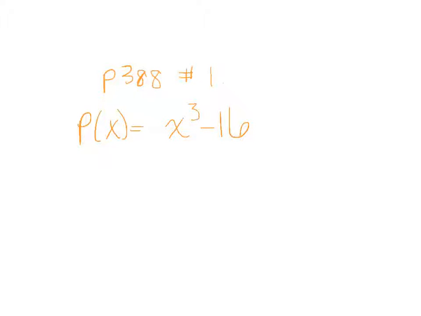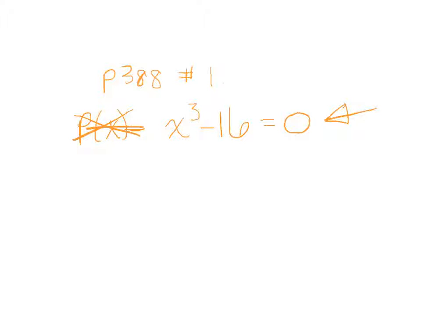Okay, page 388, number 1, they're asked to draw the graph, approximating about where the real roots of the equation p of x equals 0 are. So we're going to set this equal to 0 by graphing p of x and finding the roots of p of x equals 0. So I'm just going to grab a graphing calculator.